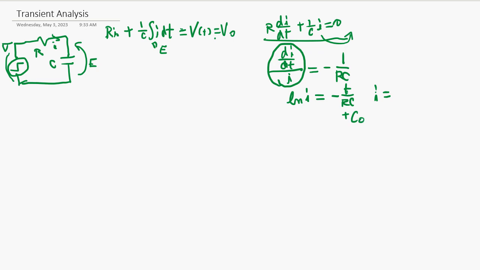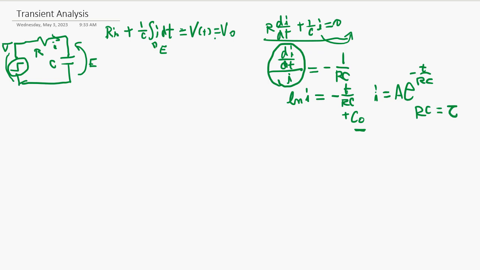If you take an integral, you need the initial condition. So I is going to be A e to the minus t over RC, and here RC we call the time constant tau.